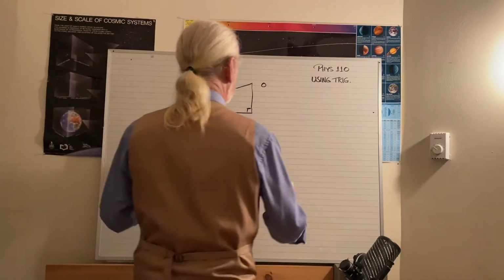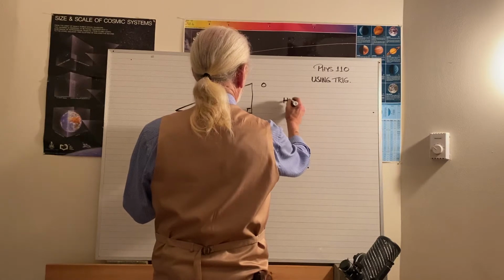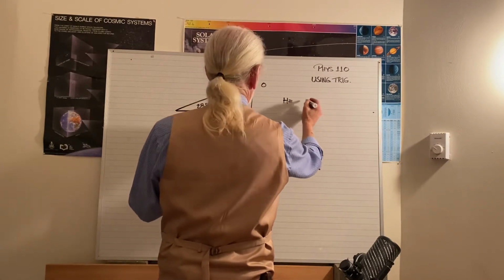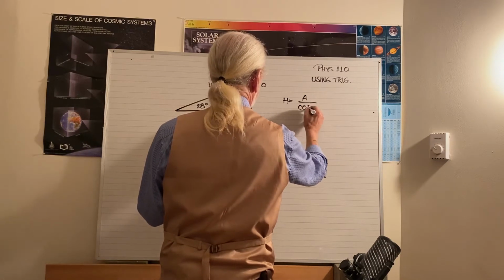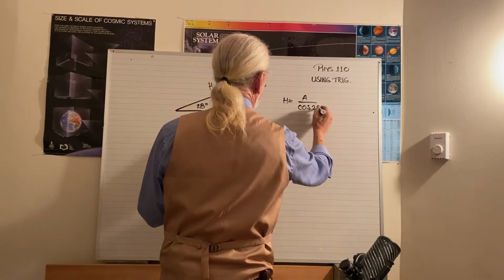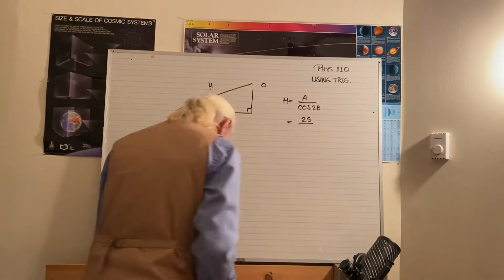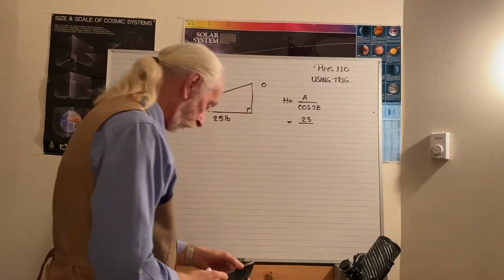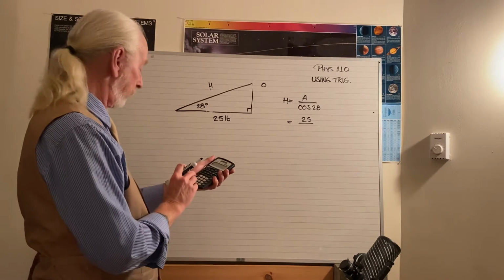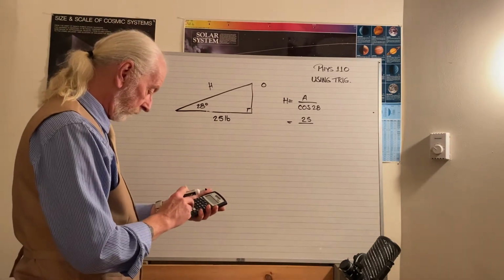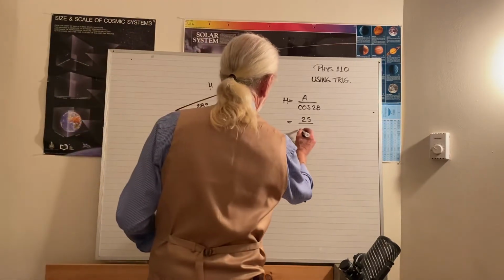So hypotenuse equals adjacent over the cosine of 28, and that's going to be 25 over 0.883.